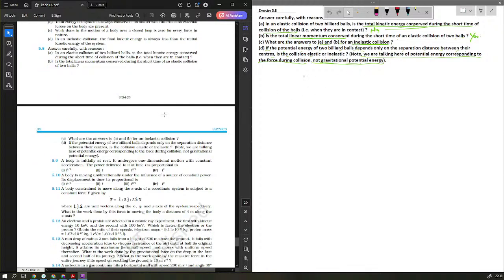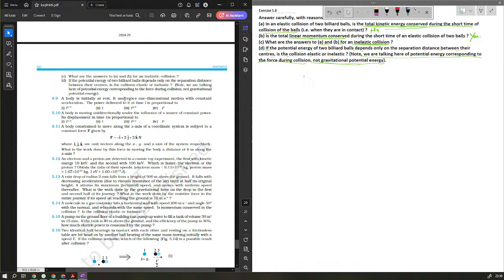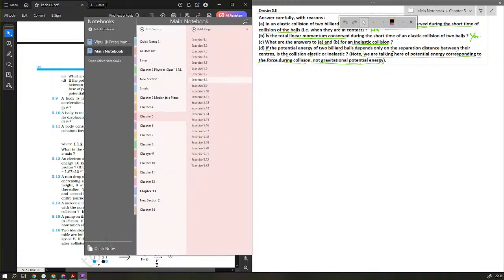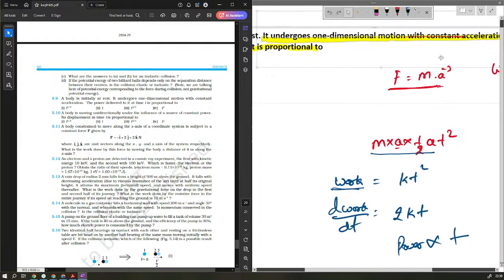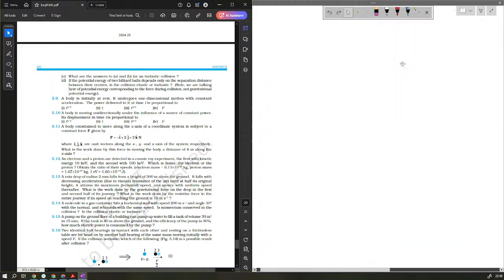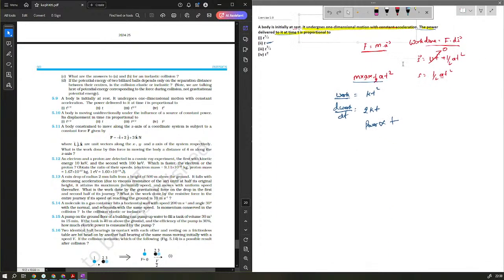In the ninth question we have: a body is initially at rest, it undergoes one-dimensional motion with constant acceleration. The power delivered to it in time t is proportional to. So here, when we are talking about power delivery, then we are concerned with not only the motion but its velocity as well.